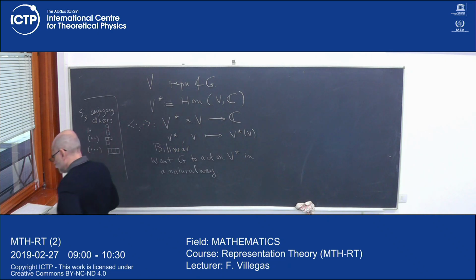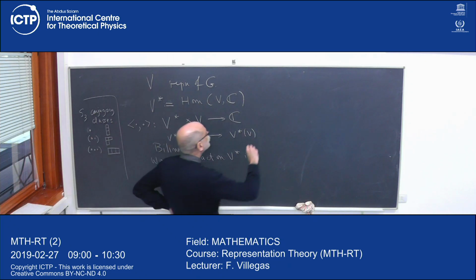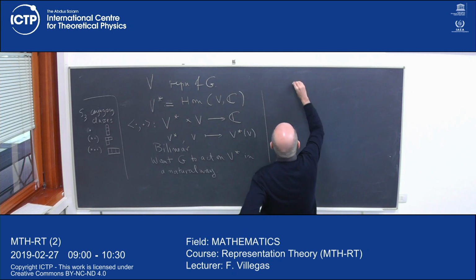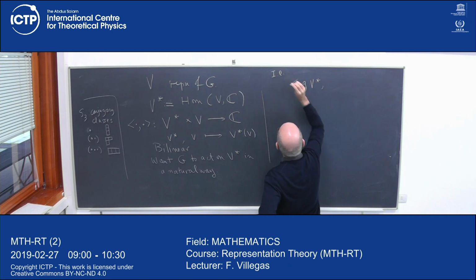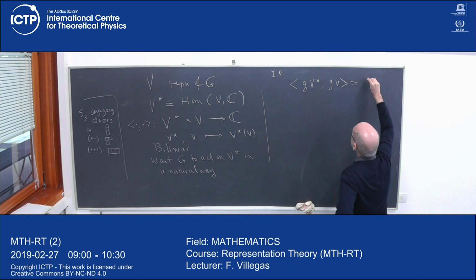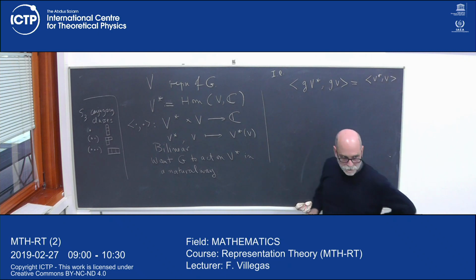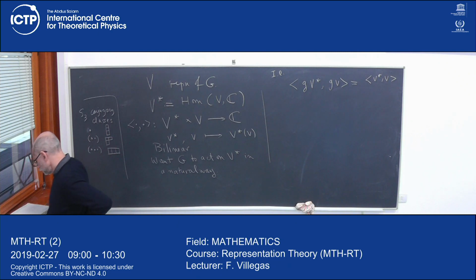And by this I will mean that we want an action in such a way, i.e. I want to give a meaning to g·v dual, so that g·v dual paired with g·v is v dual paired with v. So that this pairing is preserved by the action of the group.